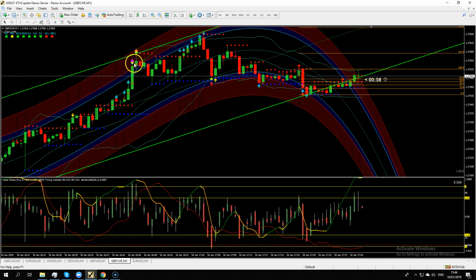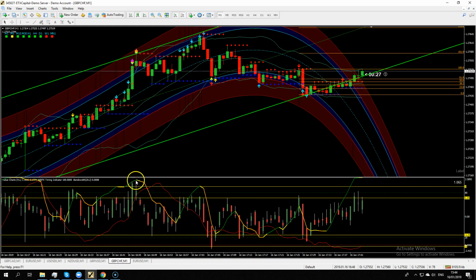Now these, navy blue, magenta and orange, are all made up of the value chart, the MBFX, RSI, and a couple of other indicators which you don't see there. And I set them at different levels so that it goes from yellow initially, then navy blue, magenta, and finally orange.